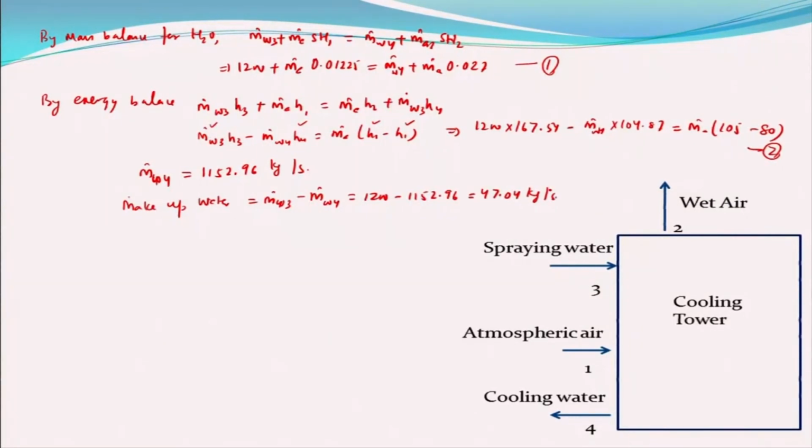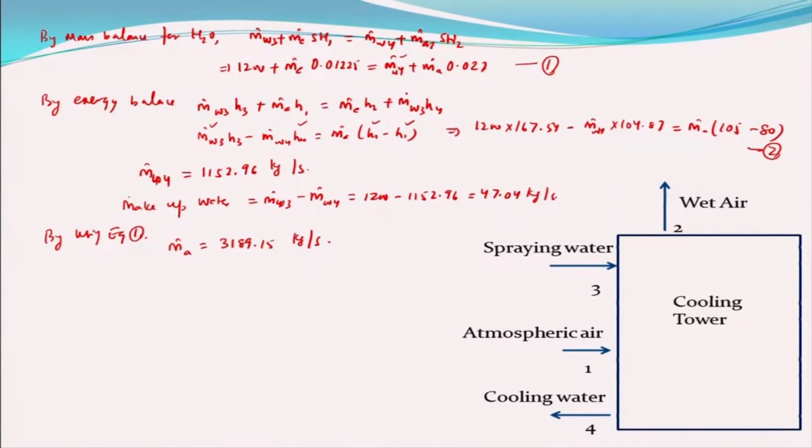If I use this in equation 1, because I know this MW4, I can find out M dot A is equal to 3189.15 kg per second. It is very easy actually.